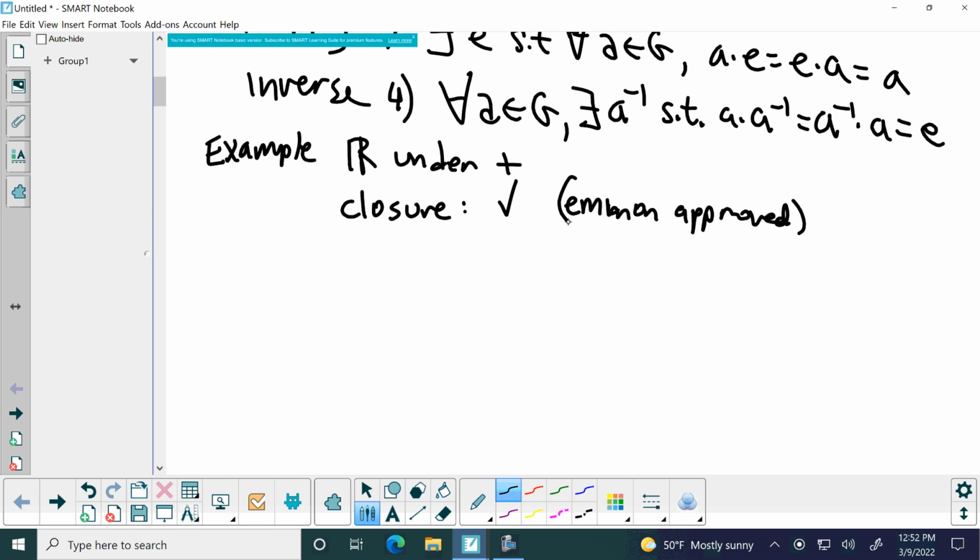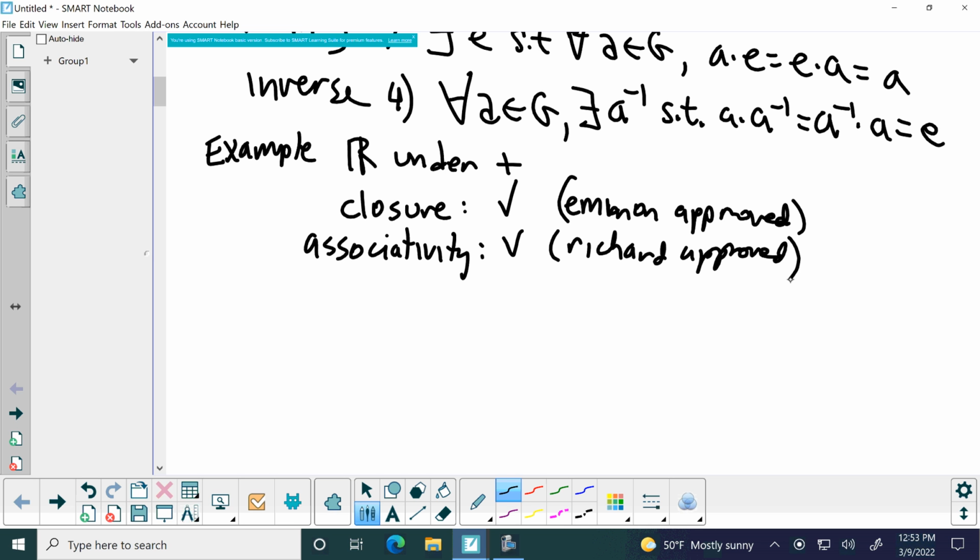Okay, how about Richard? What about associativity? Does that hold? Yep. So that's Richard approved. That's something you actually learn in elementary school. I don't know if they use the word associative. The associative property holds.